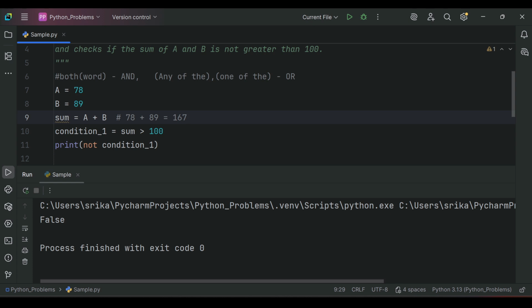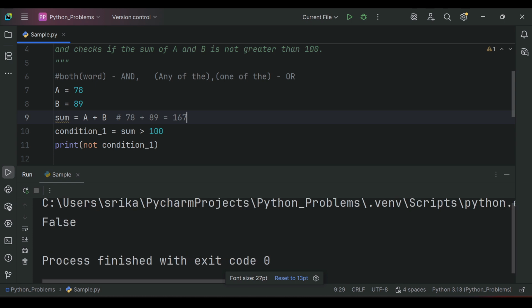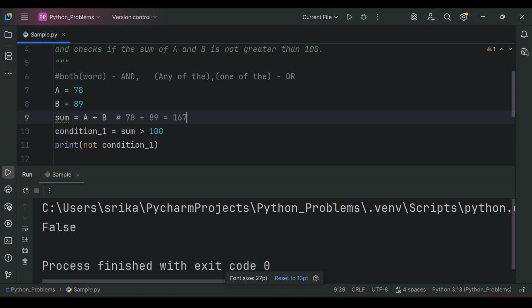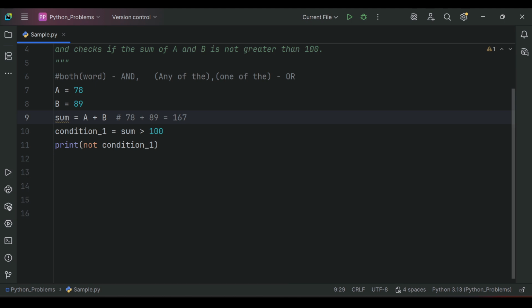Actually, the checked condition is true, but not always gives the opposite of the actual value. So false is the correct answer. 167 is greater than 100, it's a true value, but the not condition means false will be printed. This is the logical not problem, friends.